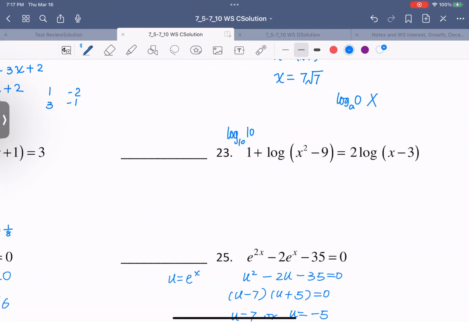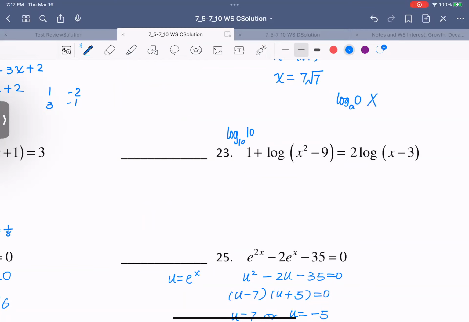Okay. So this is log base 10, 10. This is log base 10, x squared minus 9. They have the same base, so you will have a log base 10. You can do this 2 guys multiplication. Make sense? Okay. And then log and then x minus 3 squared. If there's nothing here, by default means 10.